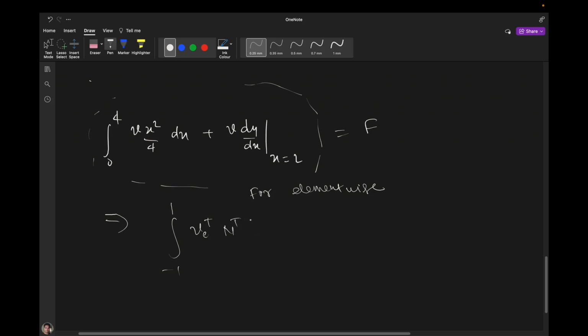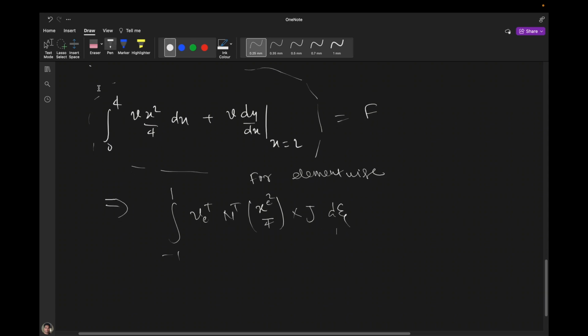And for the X, N X E, that will be XE square divided by 4, and d zeta. Fine. Tell me. Okay, what else? For that is the boundary condition. Yes.